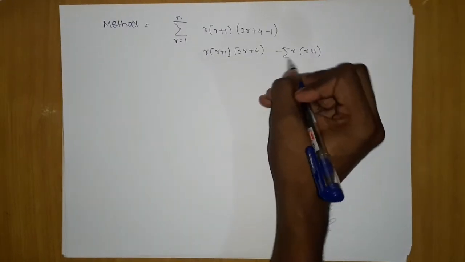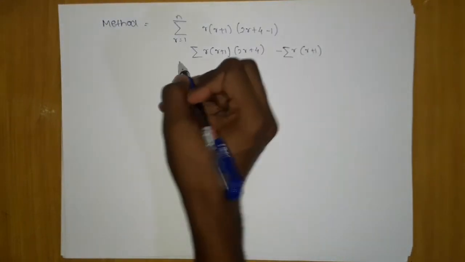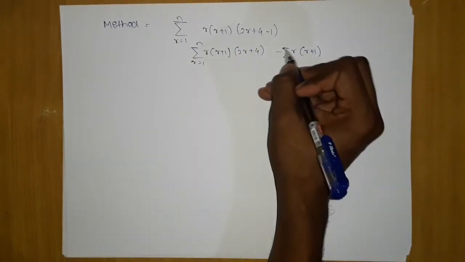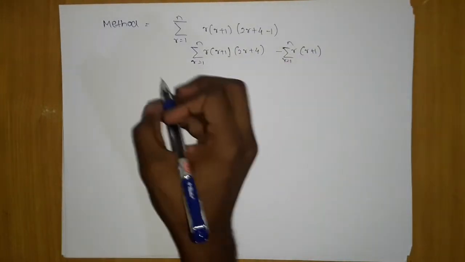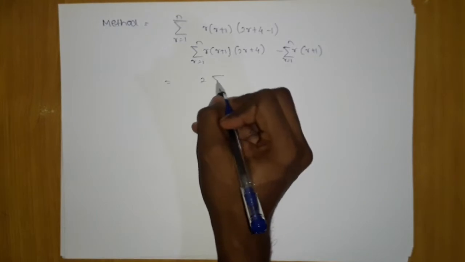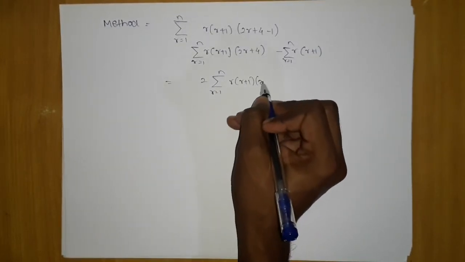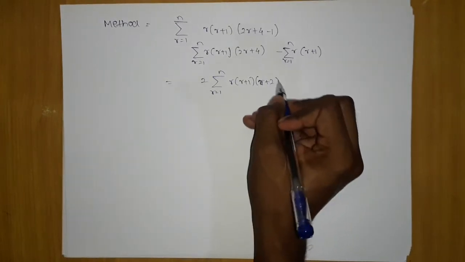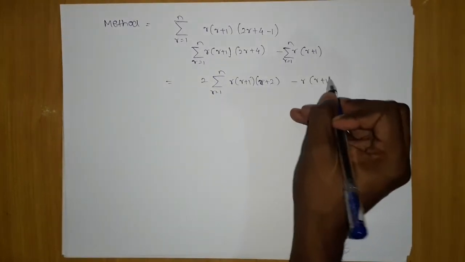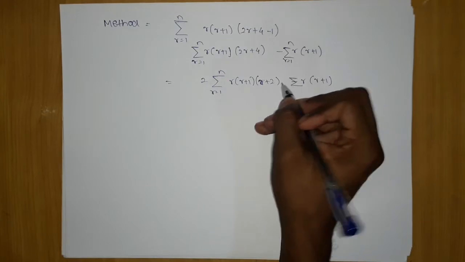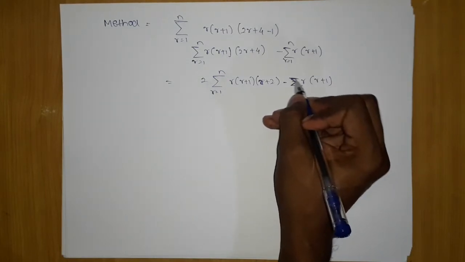Now the summation will move on, break up. The summation will still be the same. Don't get confused, the summation will not differ. 2 will move out, and my final is the summation r is equal to 1 to n of r into r plus 1 into 2 into r plus 2, and here r into r plus 1. The summation will still be there, minus, the summation will still be there.